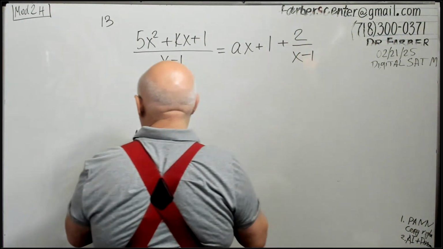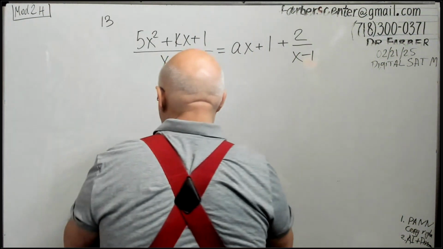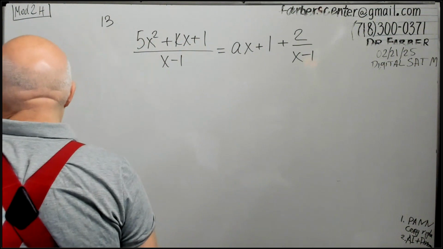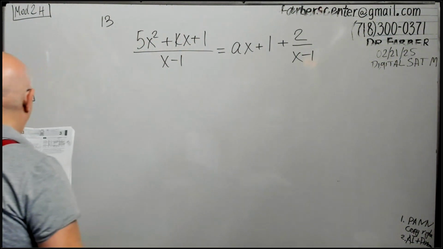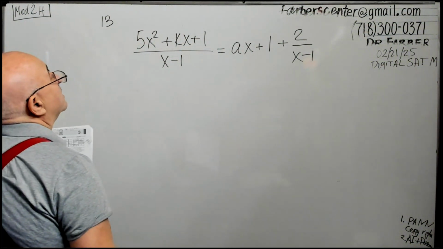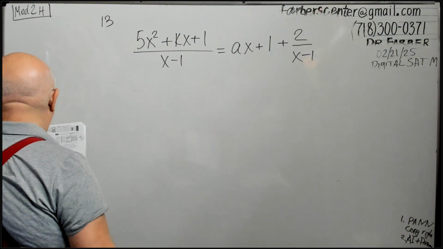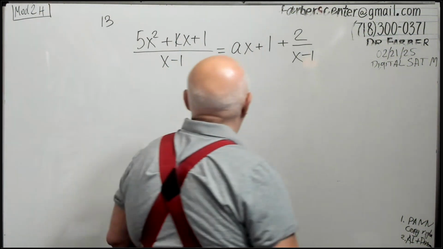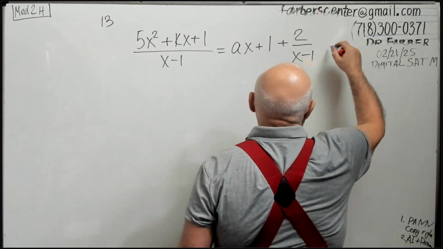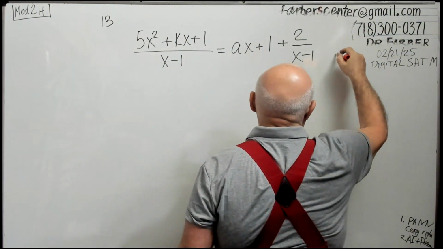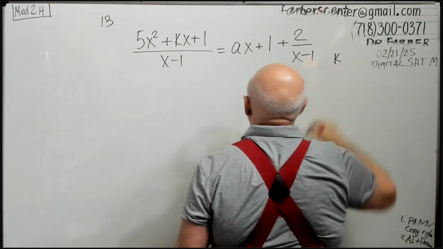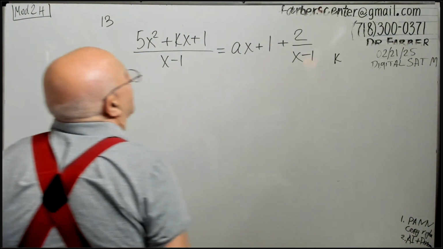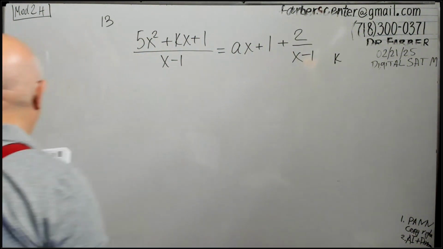Let me check if I wrote correctly. Okay. For all values of x. And what to find? The value of k. The value of k we have to find, right?